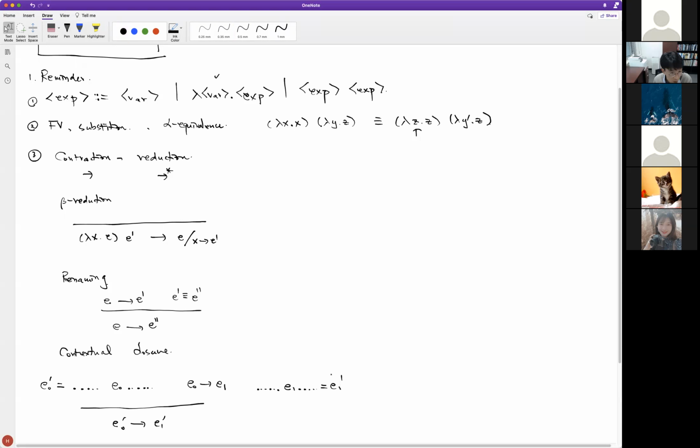In other words, we can apply the contraction relation to any sub-expression in E0 prime. That's what the contextual closure is telling us.